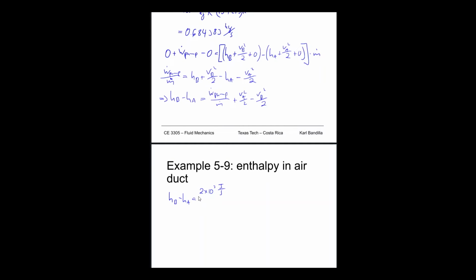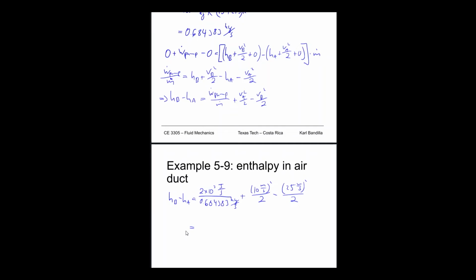That's my W pump. My mass rate we said was 0.684383 kilograms per second. And then plus our VA, which was 10 meters per second, that squared, over 2, minus 25 meters per second squared over 2.